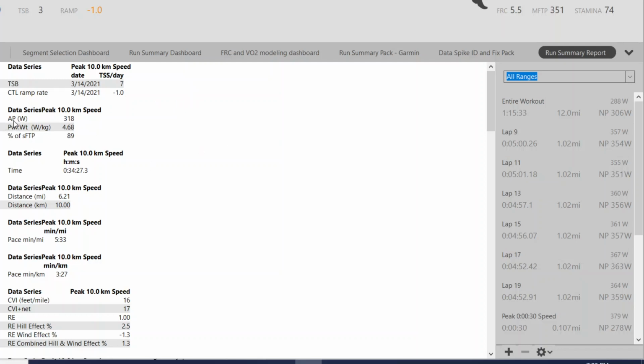The average power, that's AP, average power in watts, and the average power in watts per kilogram. I like to have those side by side. This uses the athlete's weight that's entered into WKO, and it must match the stride weight setting for this to be accurate.